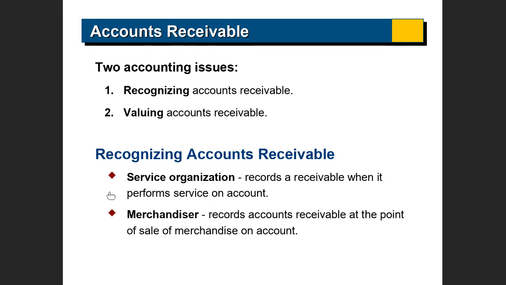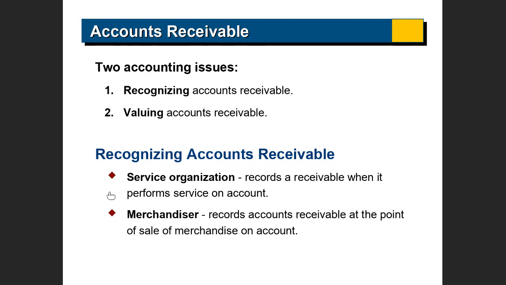There are two types of organizations that deal with accounts receivable mostly. One is a service organization. A service organization is someone that provides a service, and as soon as they complete the service, an accounts receivable is due from the customer if the customer does not pay immediately.